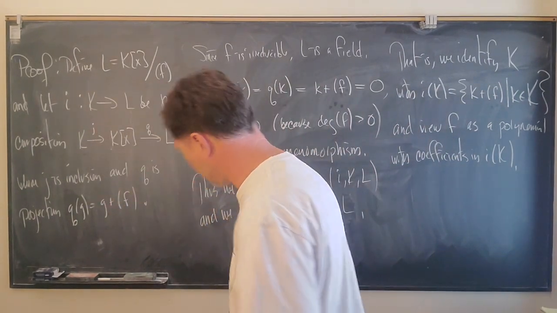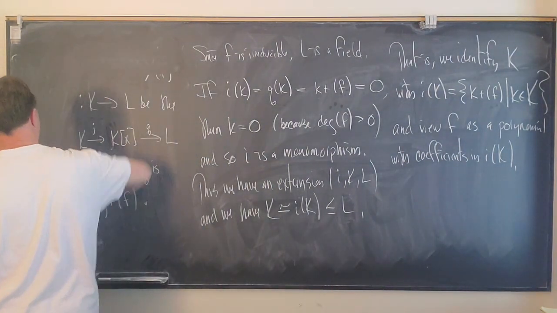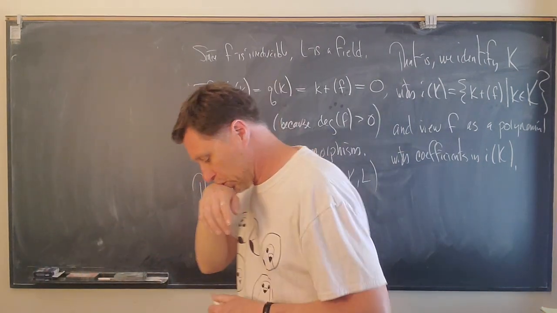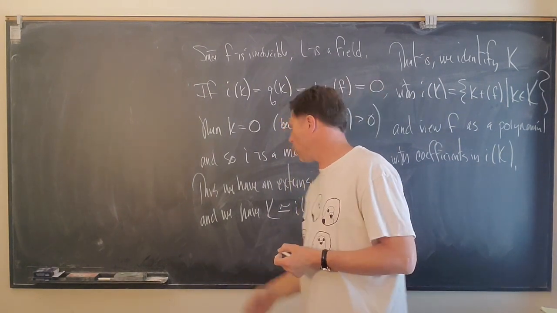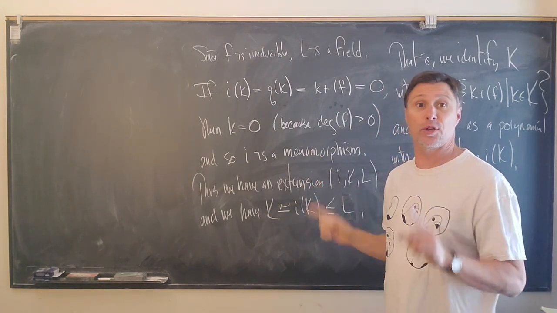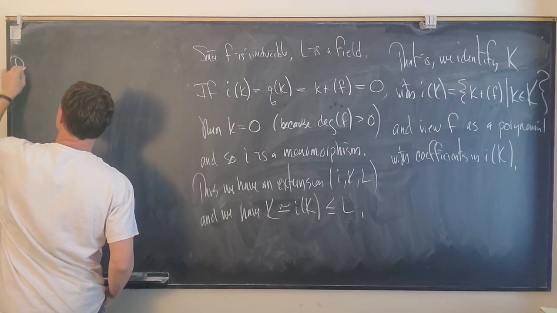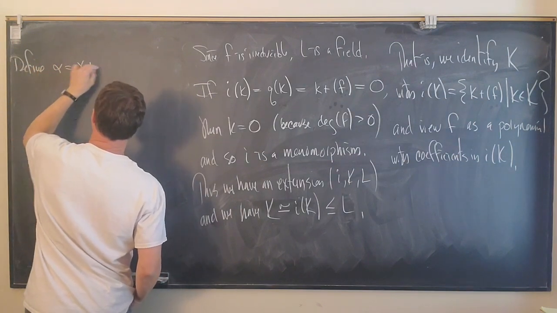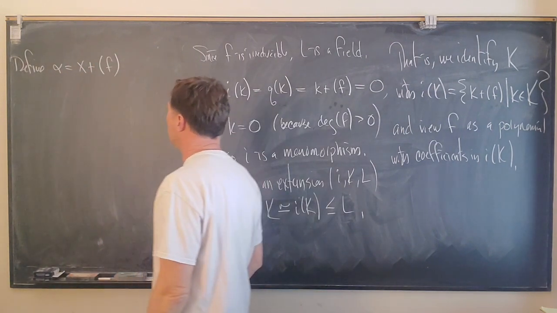So, okay, fine. Now we've got our L, that's the extension, and we'll need to argue that the degree of L over K is equal to n, and we need to produce a root. So here's the root. Let's define alpha equal to the polynomial x plus the ideal generated by f.